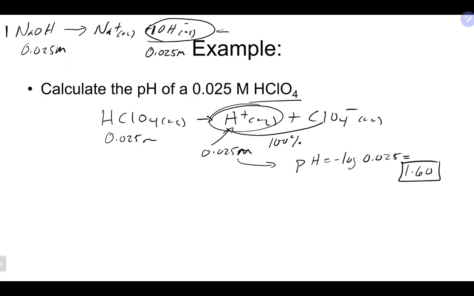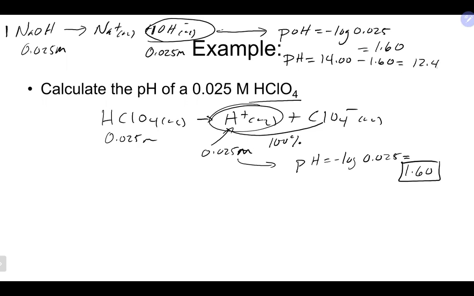That gets you the pOH, which is the same number we just got, 1.60. But that is not the pH, that is the pOH. So the pH can be found by taking 14 minus that number, which gets us a pH of 12.40.